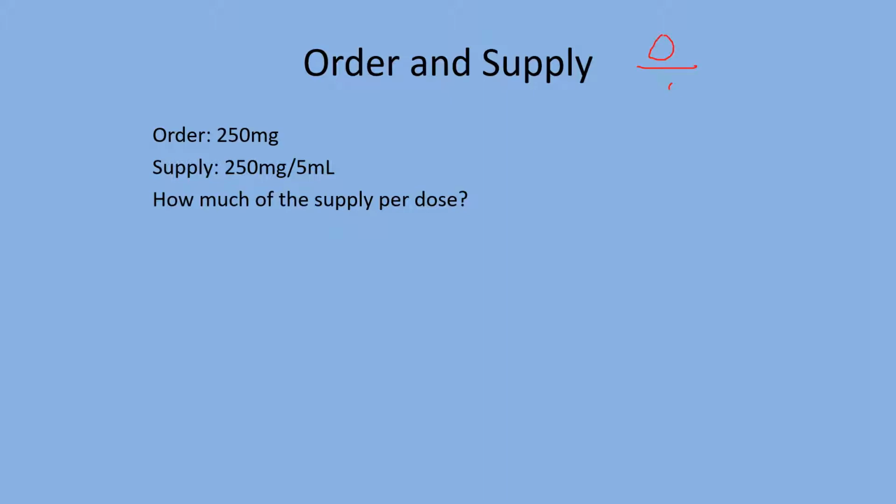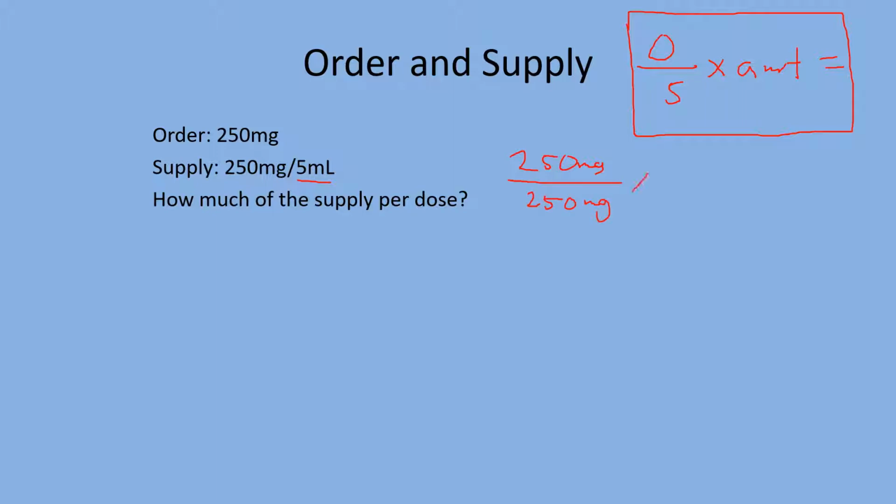Order over supply times the amount. So when the dosing unit is not per one tablet, 1 ml, then you just have to multiply by that amount. So here our amount is going to be 5. Make sure your units cancel out. 250 is our order. 250 is our supply per 5 ml. So we would need to deliver 5 ml.